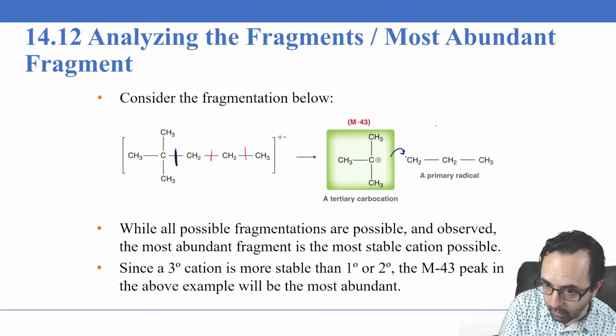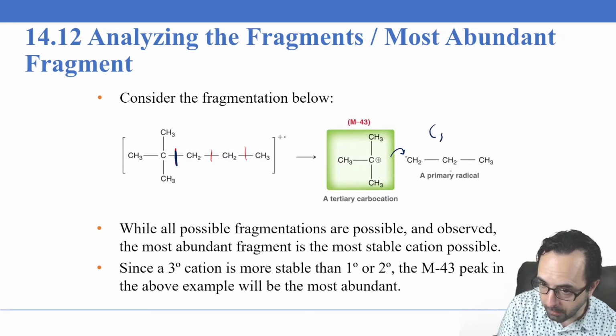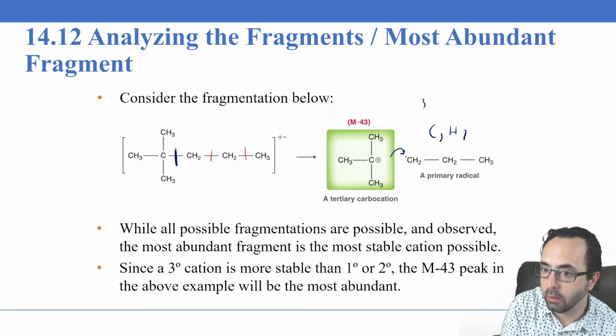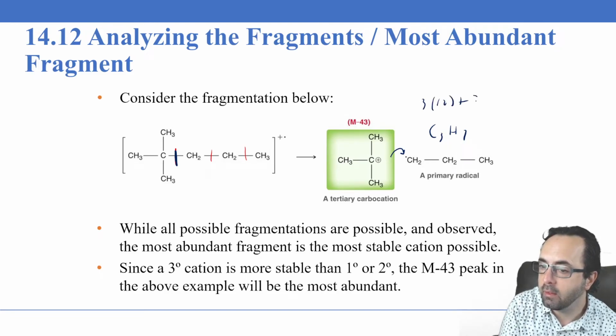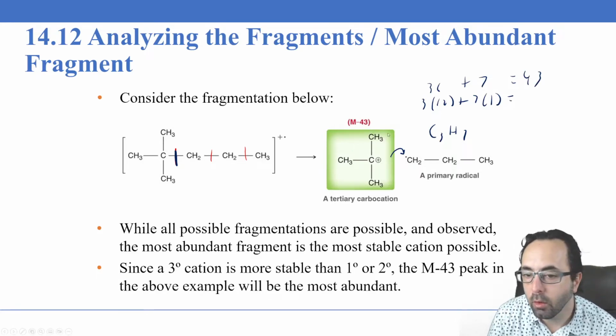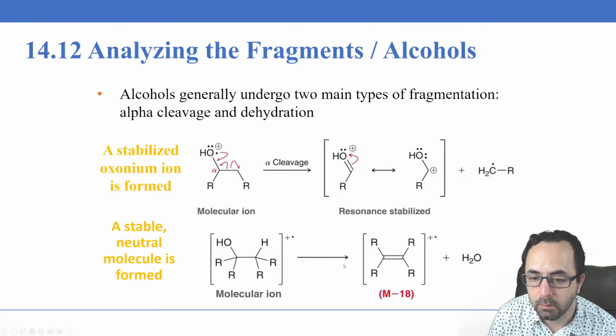The propyl radical here would be C3H7. So that's going to be 3 times 12 plus 7 times 1. So that is 36 plus 7. That is going to be 43. And so we would want to look very carefully here for the M-43 peak and expect that it's going to be large.